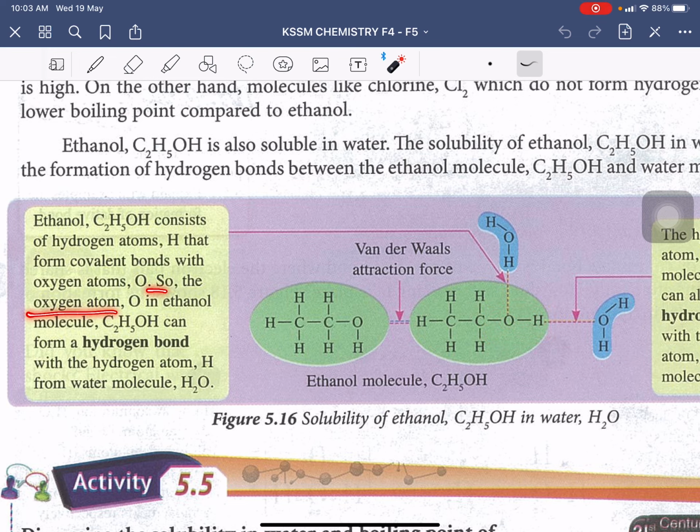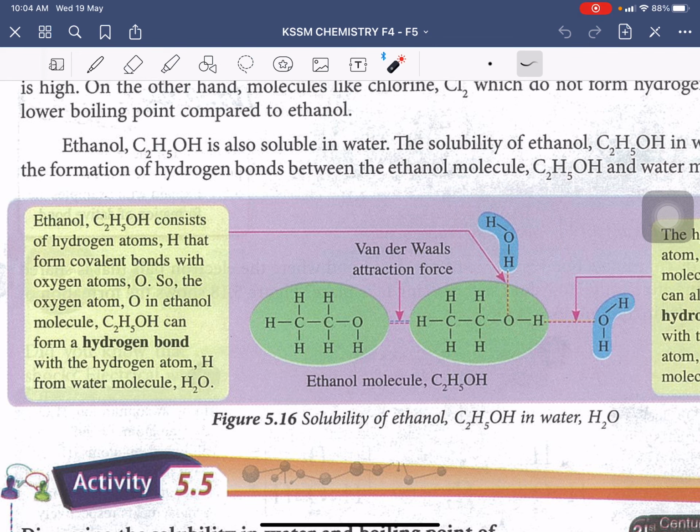So the oxygen atom in ethanol, this one, as I have mentioned earlier, oxygen is a high electronegativity atom. Since it has oxygen in the ethanol molecule, it can form hydrogen bond with the hydrogen atom from another water molecule.